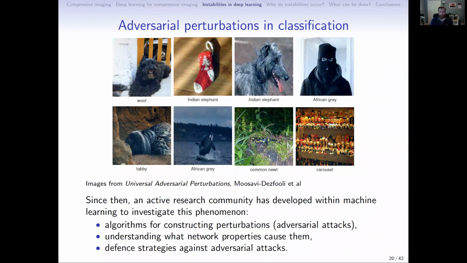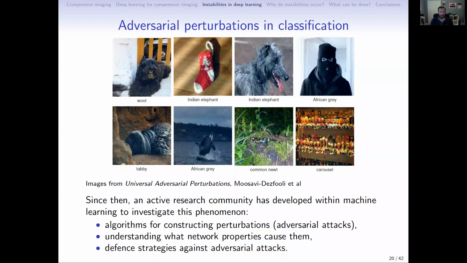As I mentioned, this was first observed in 2014, and since then in the machine learning community, there has developed a fairly active area of research that looks at this phenomenon of what are called adversarial perturbations.